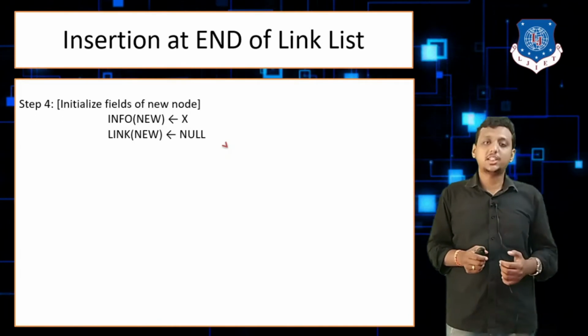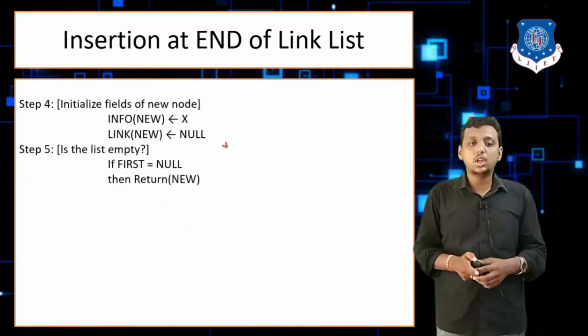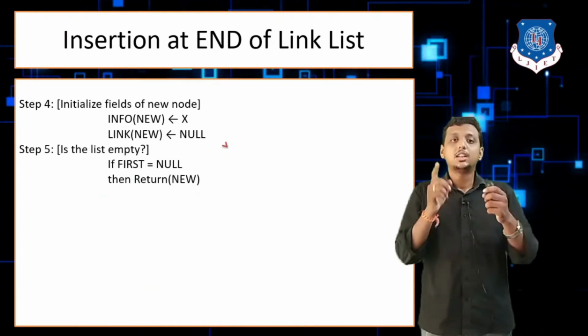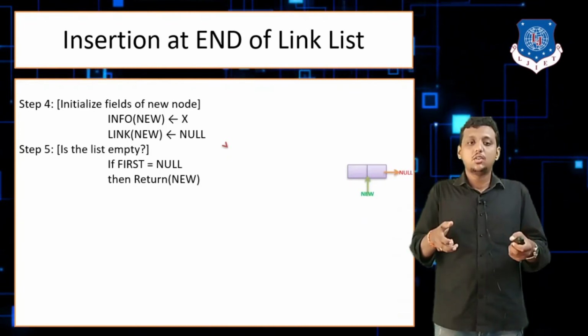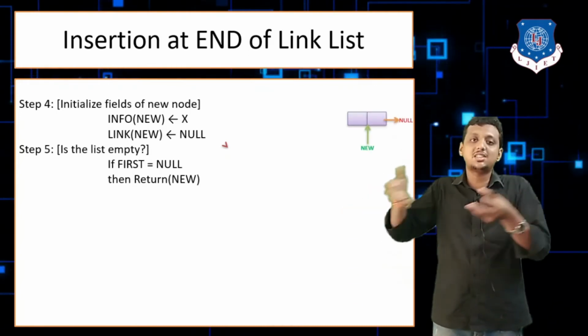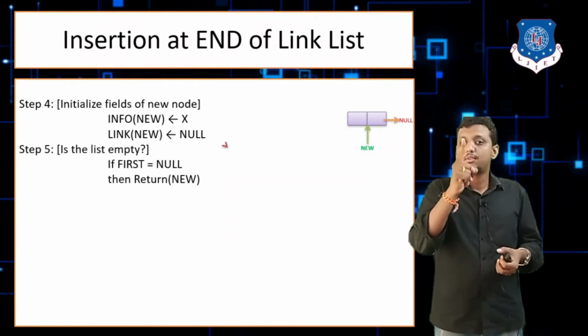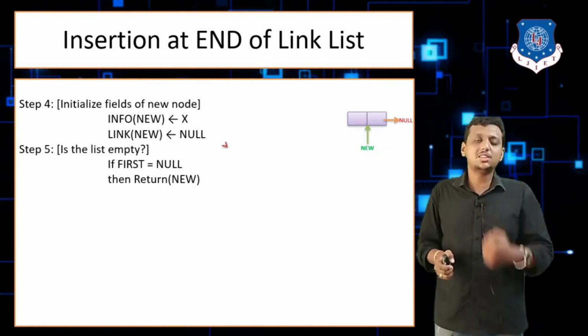So how can you check whether your linked list exists or not? If first is equal to null, that means your linked list does not exist. Right or wrong? That means whatever node you get from the availability stack will become your first node, and also your last node, because only one node is there.